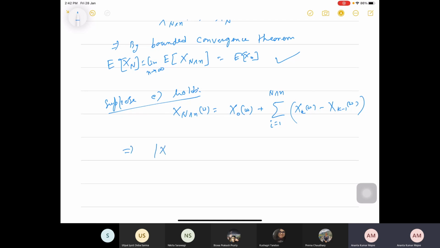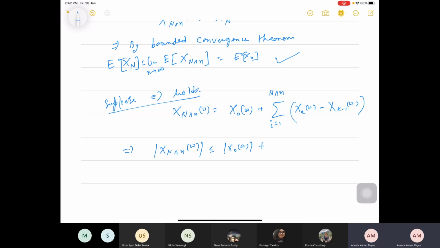So this implies the modulus of X_{n∧N}(ω), if you consider the modulus, is less than or equal to the modulus of X_0(ω), which is integrable. X_0 is integrable because X_n is a martingale.